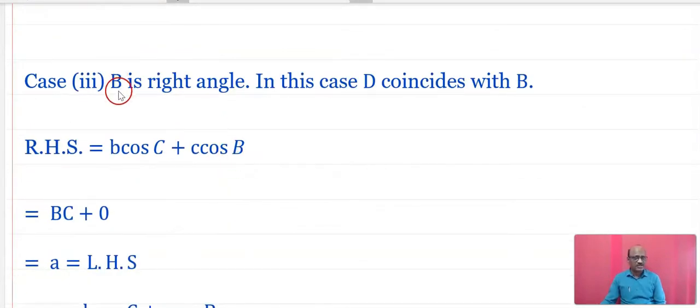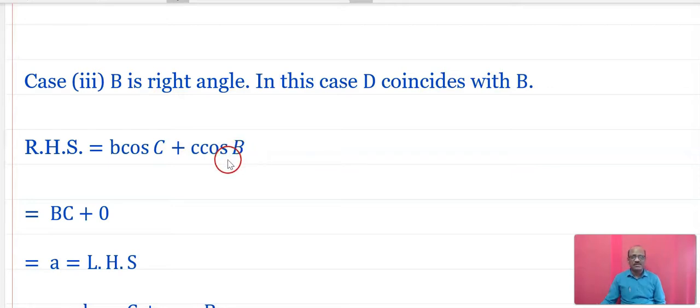Now the third case: angle B is a right angle. In this case D coincides with B, and from the RHS, b cos C is equal to c cos B. The measure of angle B is 90 degrees, and cos of 90 is 0.